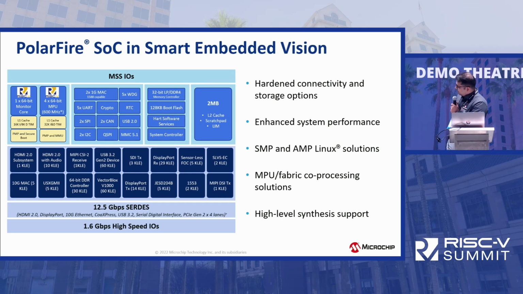Right at the bottom, you'd find our high-speed IOs and transceivers. We have up to 1.6 Gbps IOs and up to 12.5 Gbps transceivers. And right in between, all the dark blue blocks are part of our FPGA. These are soft IPs that you can port on our FPGA fabric and enable a host of applications.